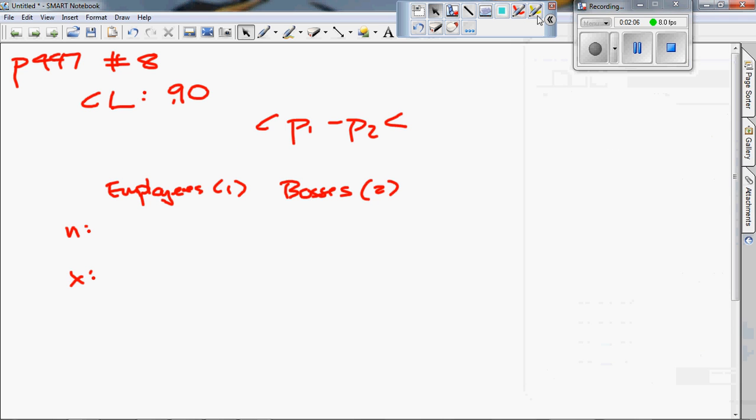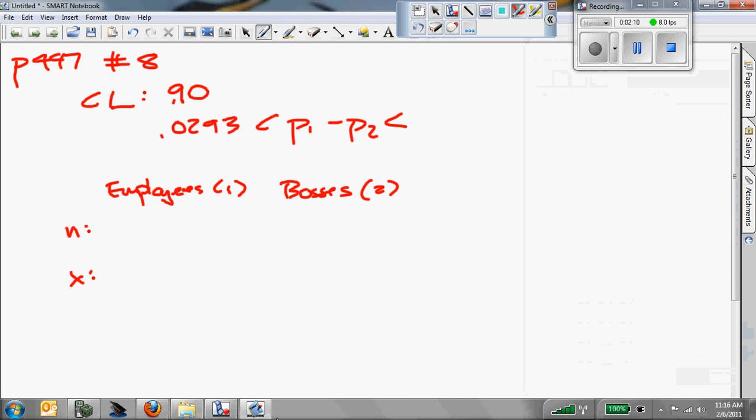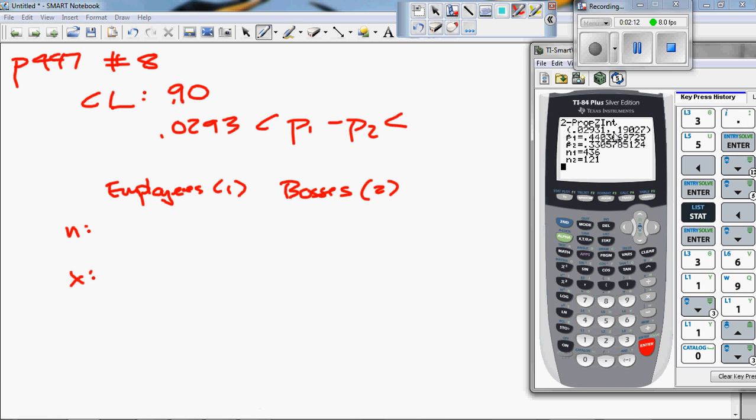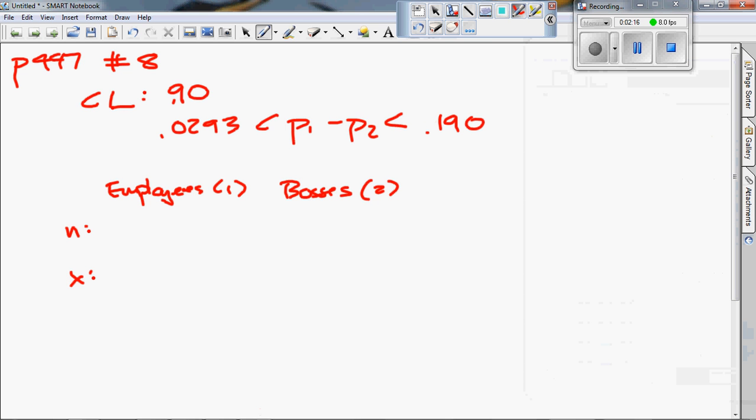And there's our confidence interval, 0.0293 to 0.190. Again, we are 90% confident that the interval from 0.0293 to 0.190 contains the true difference between the two population proportions.